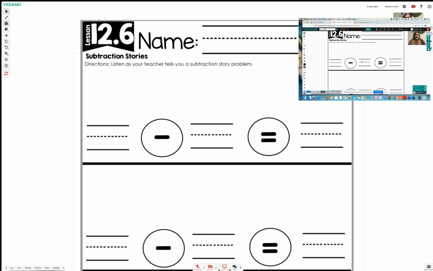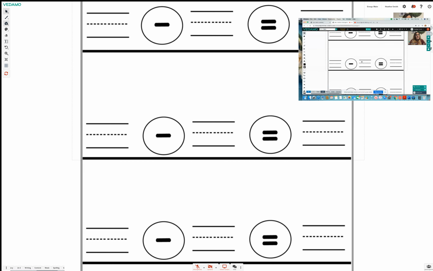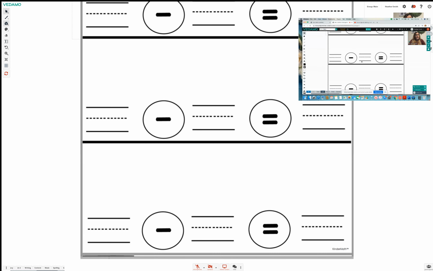So let's do the first one. Miss Heather has 10 dogs, but I gave 5 of them to Miss Luba. For the second one, I had 4 cookies, but I ate 2 of them. For the third one, I had 7 balloons, but 5 flew away.